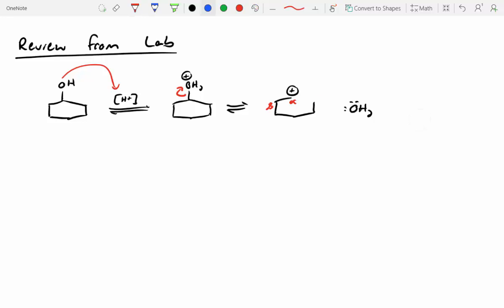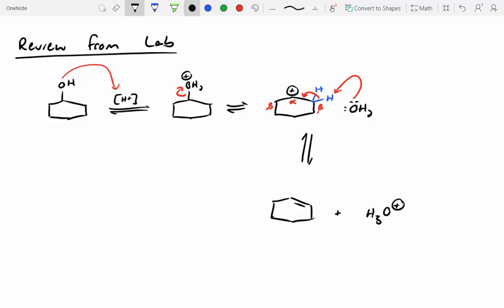Let me actually move this beta down a little bit. And we know the beta positions. It doesn't matter which side we pick from. We've got 2 of them. And just like we saw in lab, this weak base can come grab this proton, clamp down, and we were able to form cyclohexene in lab plus our hydronium.